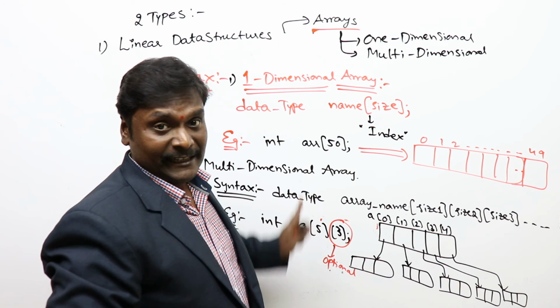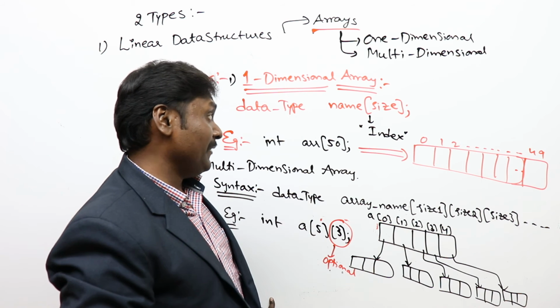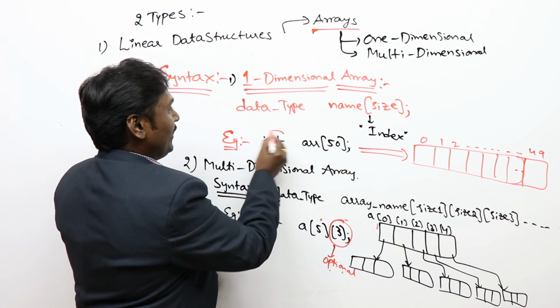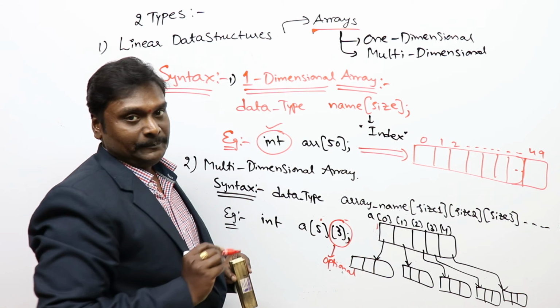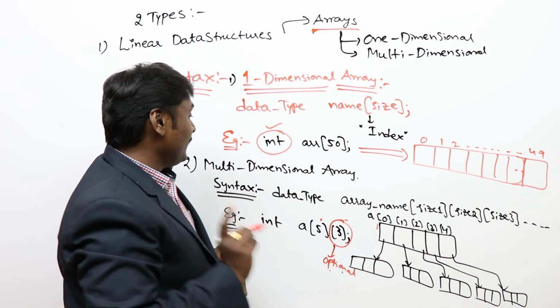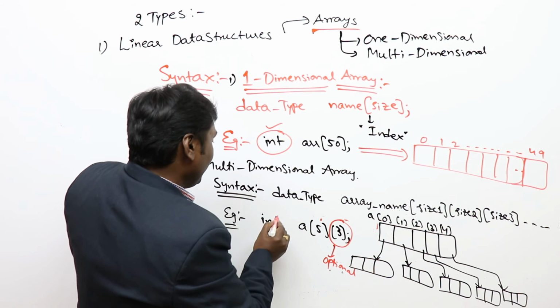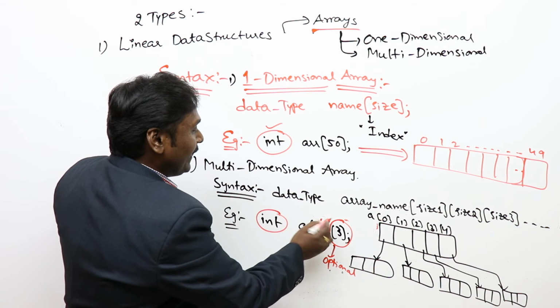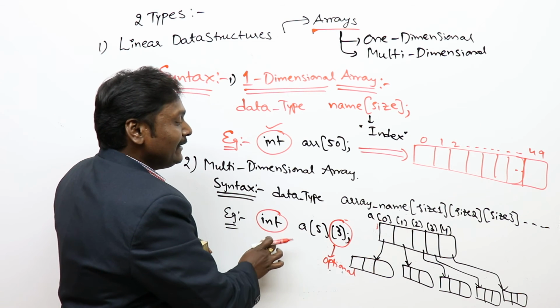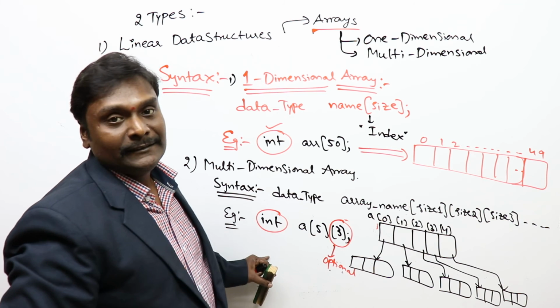This is a general representation of an array, one dimension as well as two dimension. The observation is that all the values must be of a similar type. Violation leads to a compile time error. Here also you can specify any number of dimensions, but all the values must again be of similar type.